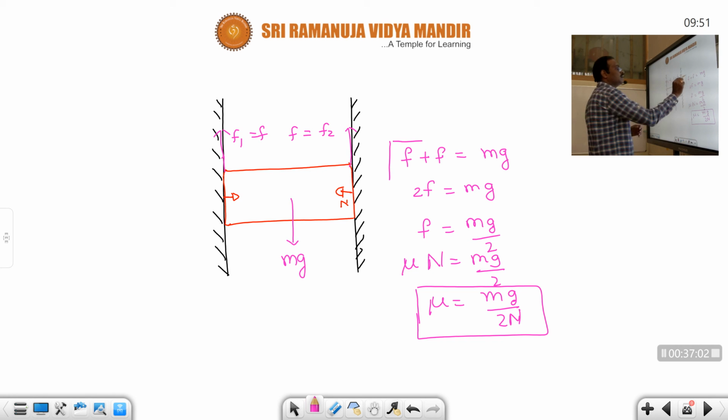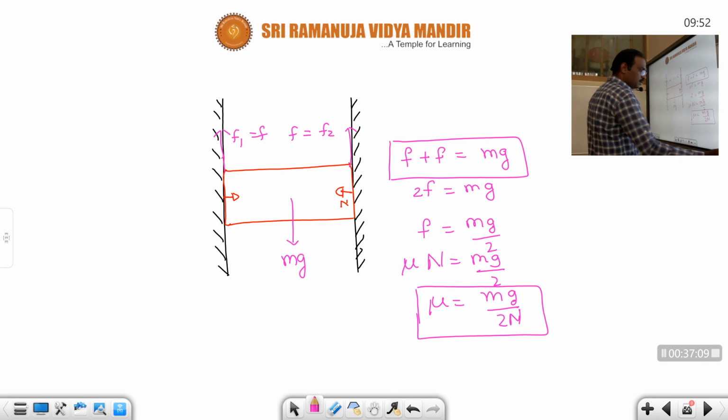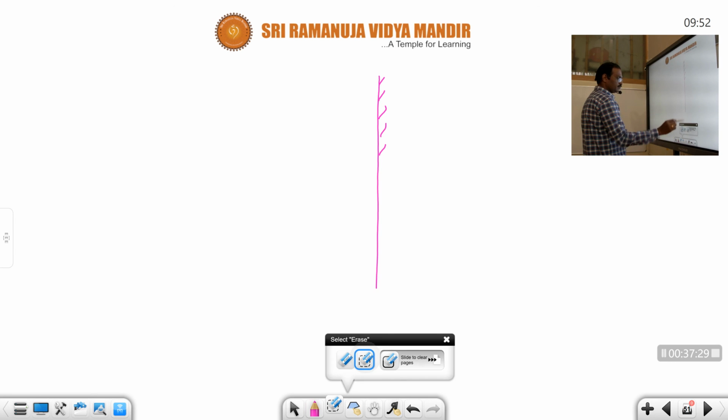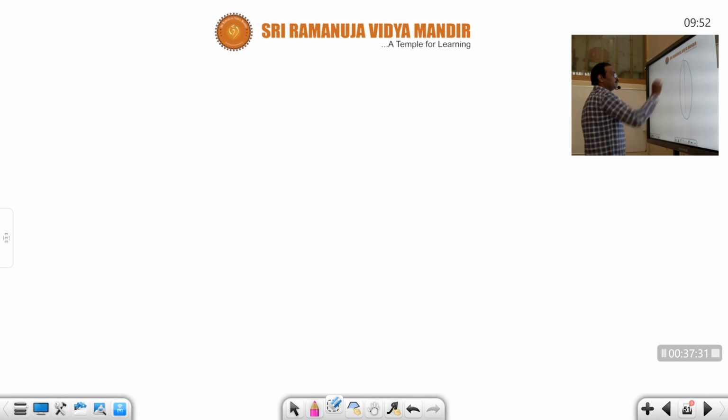And now you can estimate what concept is given here. Sometimes we apply a minimum amount of force to move the block vertically upward with an acceleration A. This is the vertical frictional surface I am taking here.